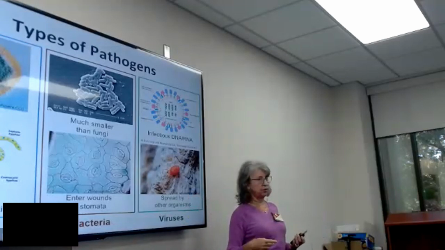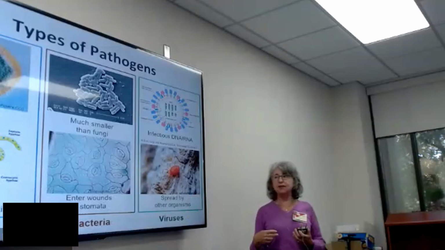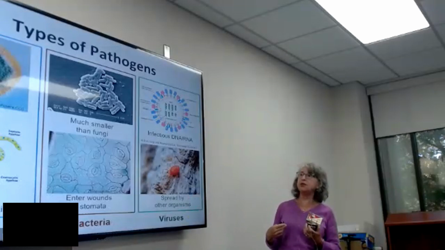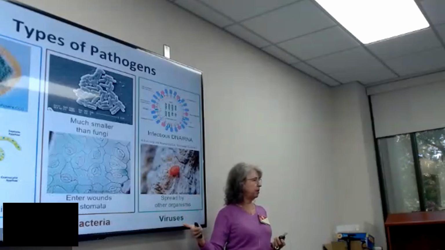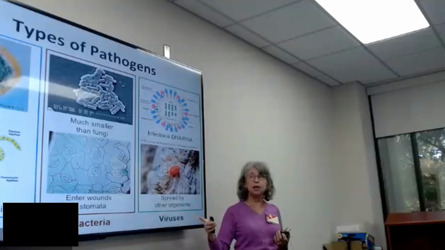Some do enter wounds, but some can actually penetrate healthy plant tissue. They have special organs that enable them to do that. Whereas bacteria can only enter a plant through openings. So they can enter through stomates or through wounds.